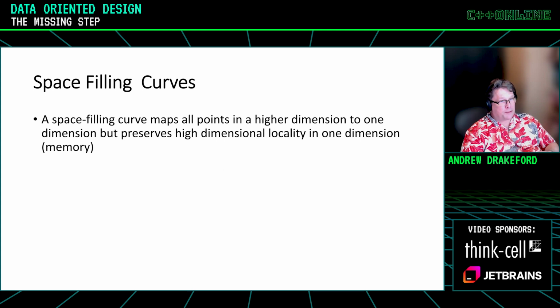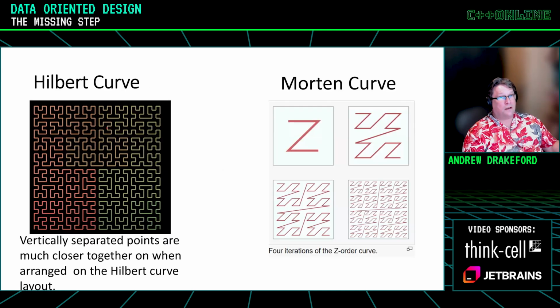A space filling curve maps all points in a high dimension into one dimension, but preserves a kind of locality of reference in the one-dimensional space. And you can see this from the following picture. On the left, we have a Hilbert curve, and on the right, we have a Morton curve.